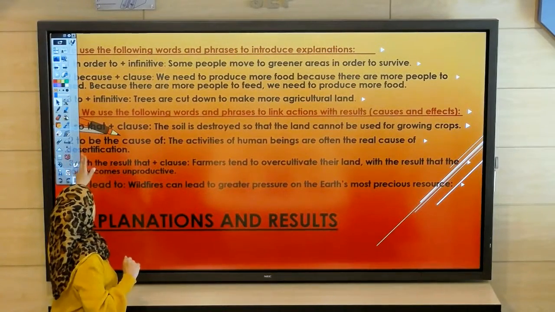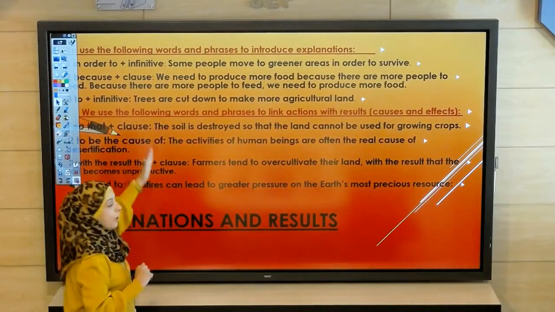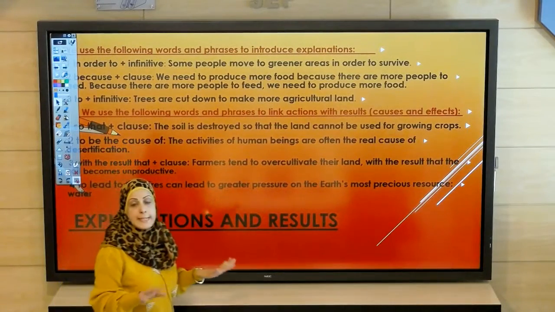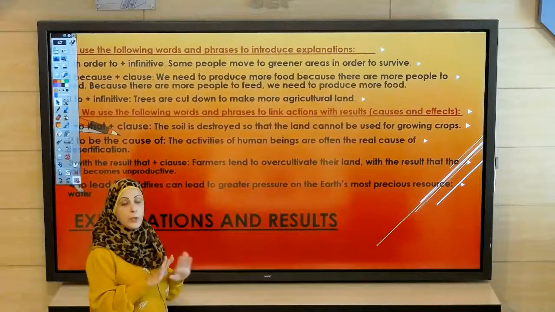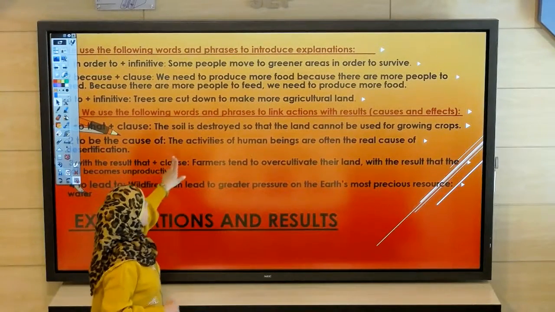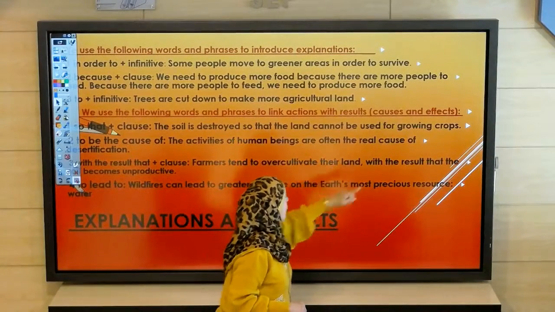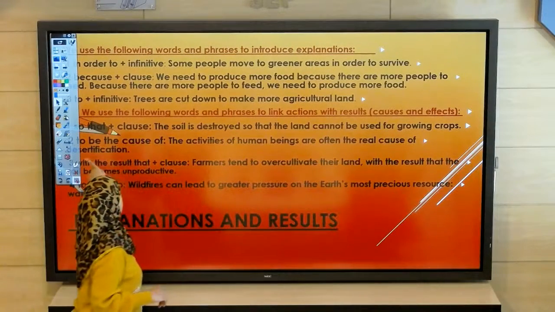Number 2, to be the cause of. To be the cause of here, we don't need clause. Notice this example. The activities of human beings are often the real cause of desertification.